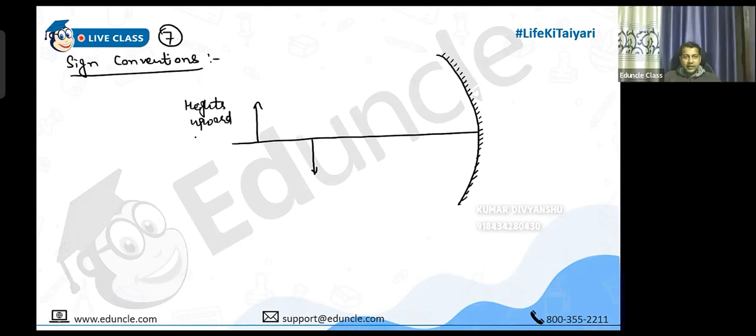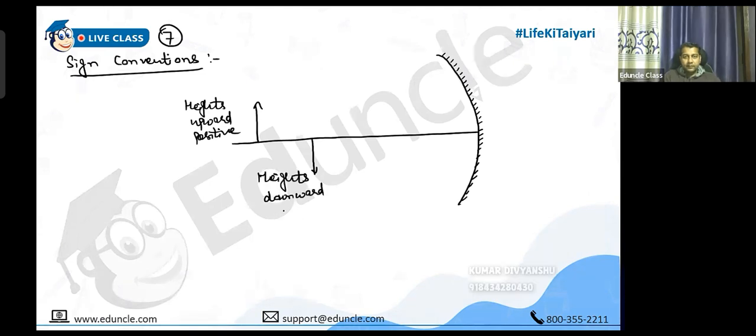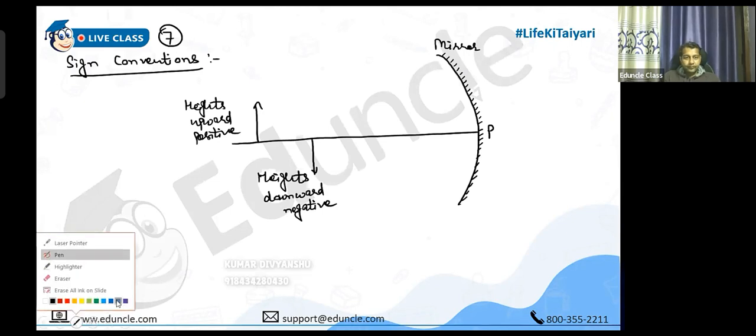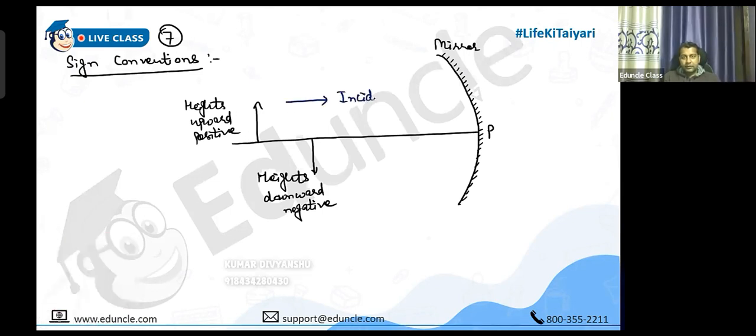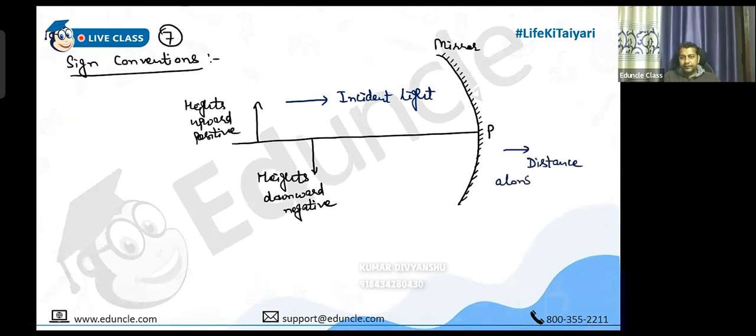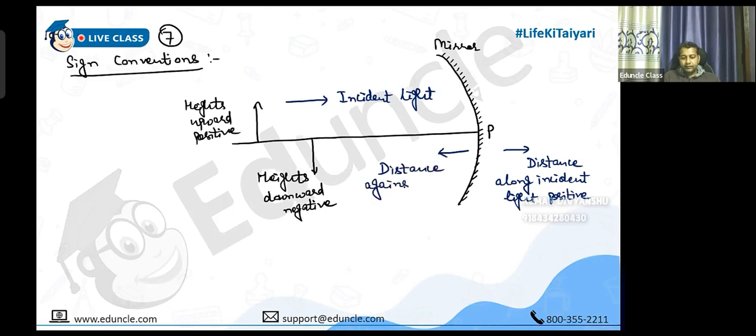Heights above the principal axis are taken as positive, and downwards they are taken as negative. This is the direction of incident light. So distances in the direction of incident light are taken as positive. Clear?